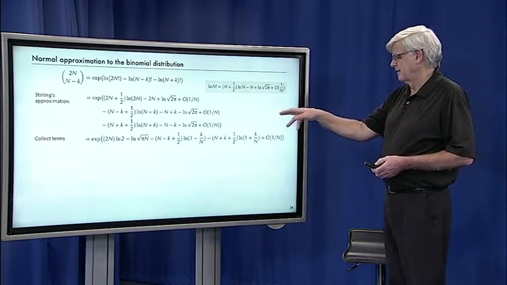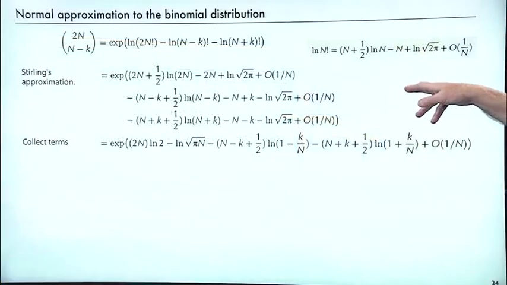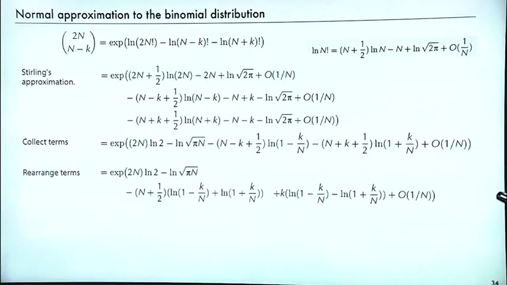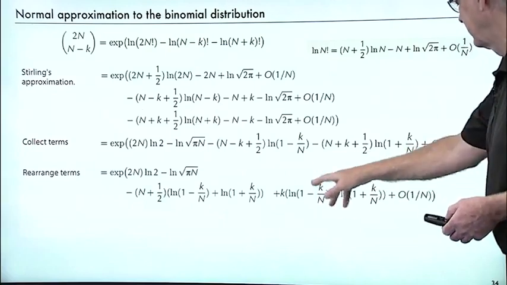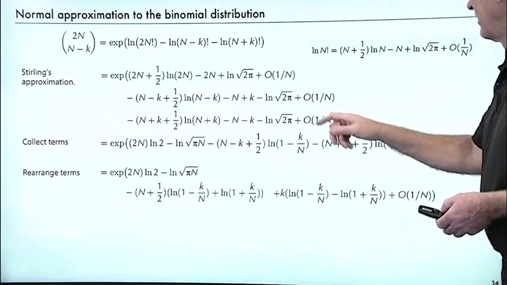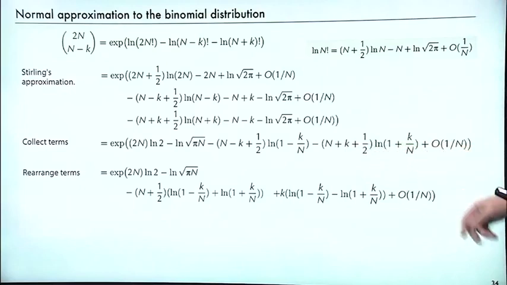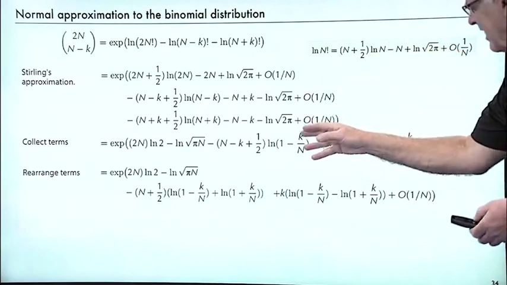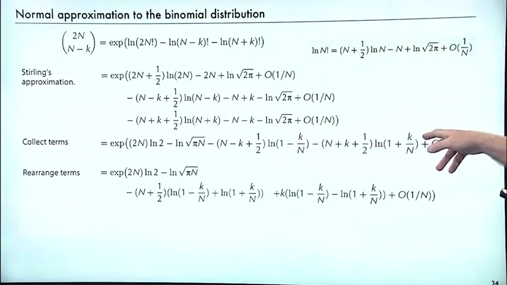And then these two terms are kind of similar. One's got a minus k, one's got a plus k. And just rearranging terms in terms of k times this difference of log 1 minus k over n, log 1 plus k over n, and n plus 1/2 times the sum.